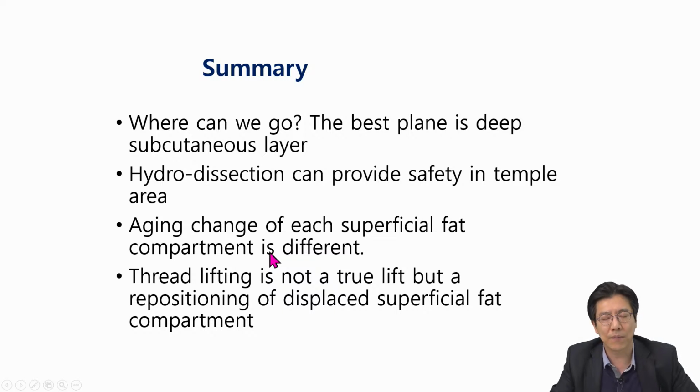Some fat is fixed, some other fat is mobile. So we should know which fats are mobile fat and which are the fixed fat compartments. And thread lifting is actually not a true lift, but a repositioning of displaced superficial fat compartments.